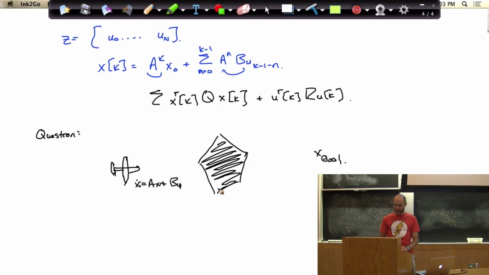Let's even say it's a convex polygon. Can I write that down as a quadratic program, the trajectory optimization from my current initial condition to the goal?